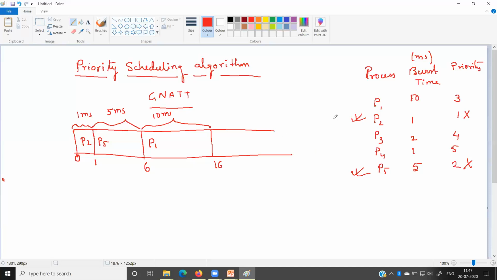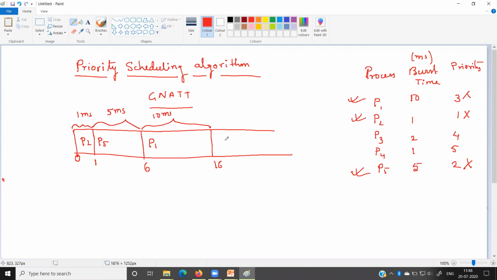Now P1 completed its job. From the rest of the processes, P3 and P4, the priority of P3 is higher compared to the priority of P4.